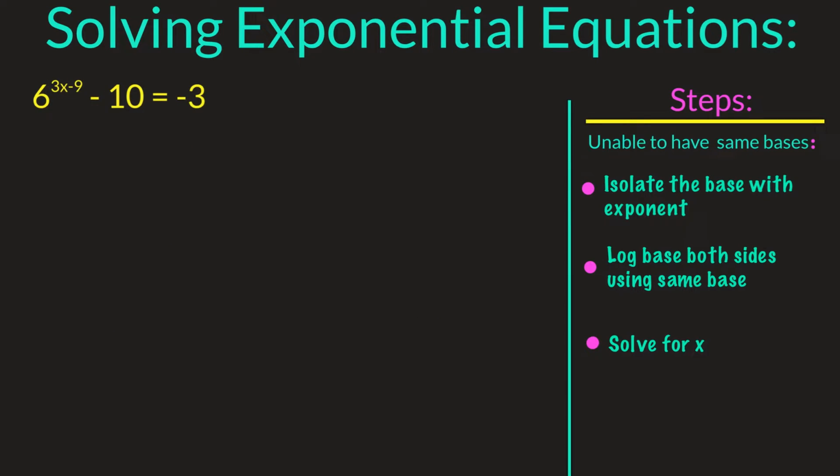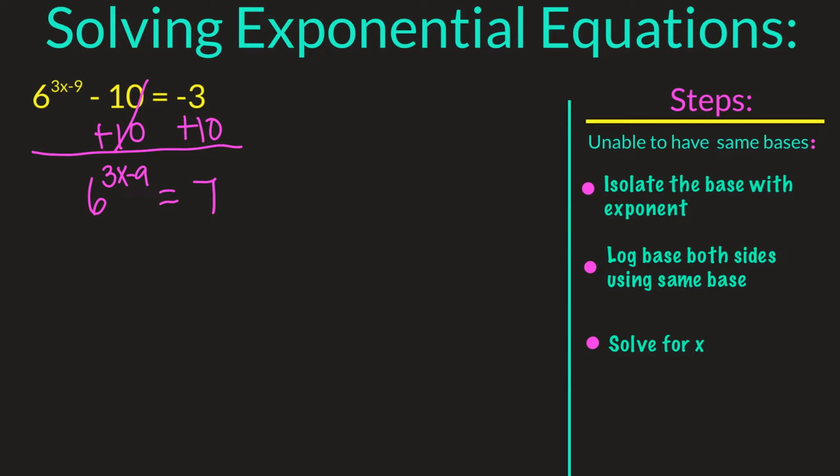All right, moving on to the next problem, we have 6 to the 3x minus 9, minus 10, equals negative 3. So the first thing you want to do is isolate the base with the exponent. So we're going to add 10 to both sides. That's going to give you 6 to the 3x minus 9 equals 7.